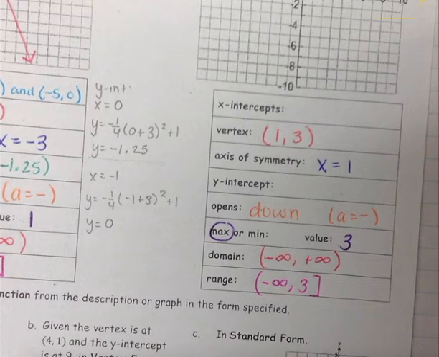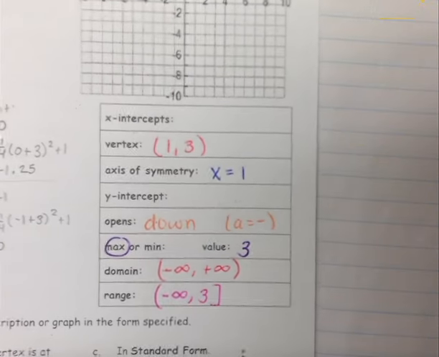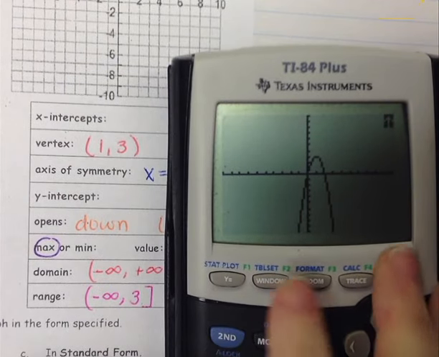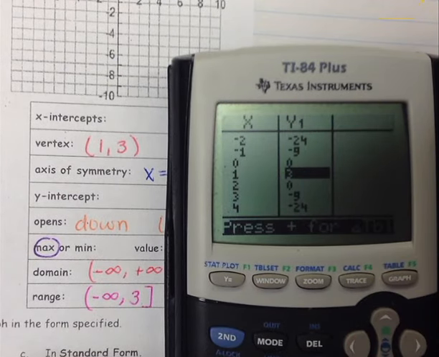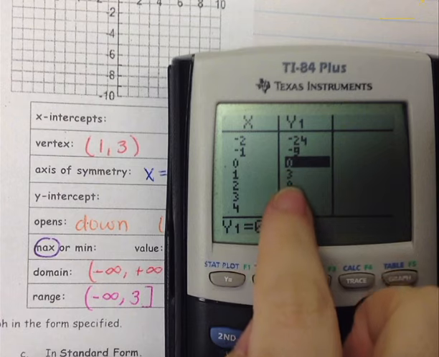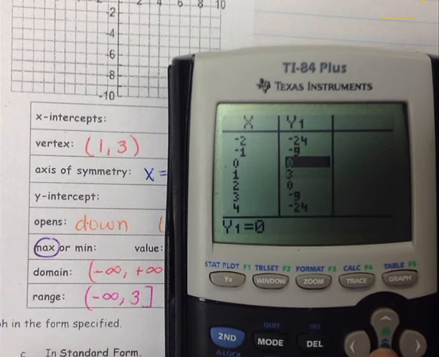So let's go and find our y-intercept and our x-intercepts from our table. So second table again. X-intercepts are when the y value is 0. So that y value here of 0 and the y value here of 0. So we have two x-intercepts. One of them is at 0, 0.